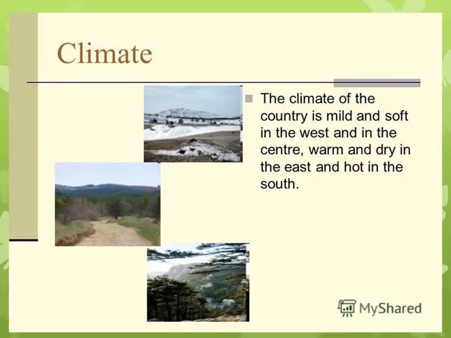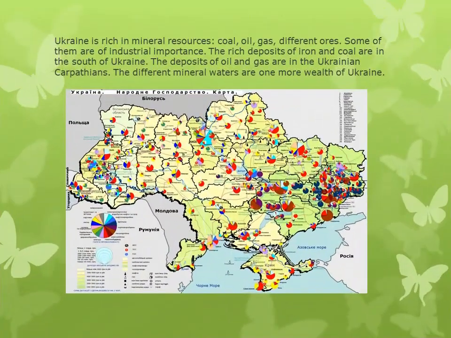Climate. The climate of the country is mild and soft in the west and in the center, warm and dry in the east, and hot in the south. Ukraine is rich in mineral resources: coal, oil, gas, different ores.